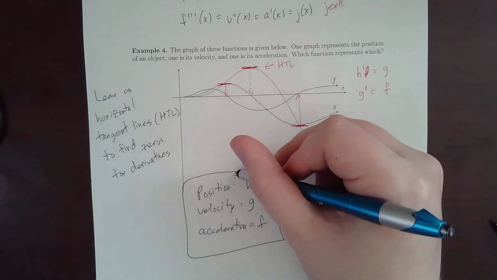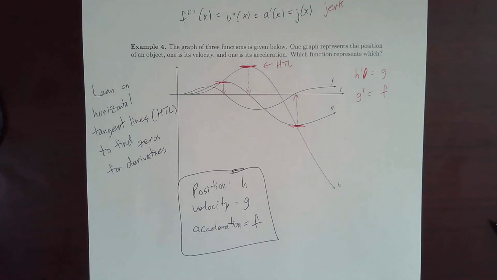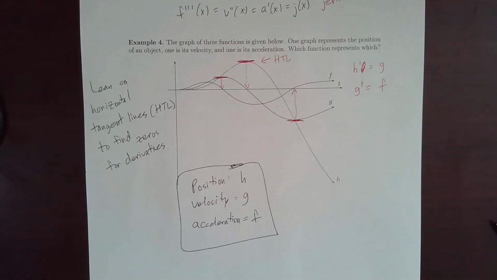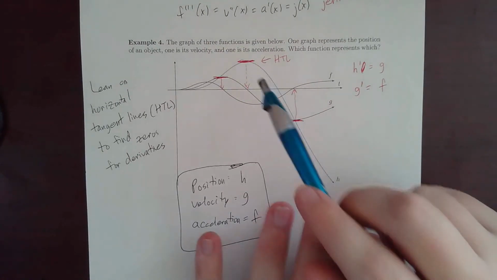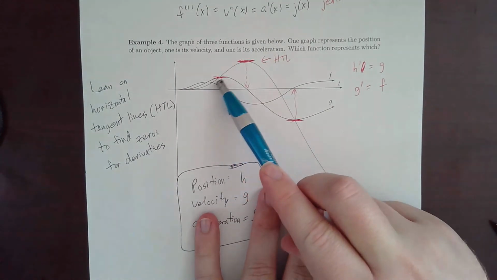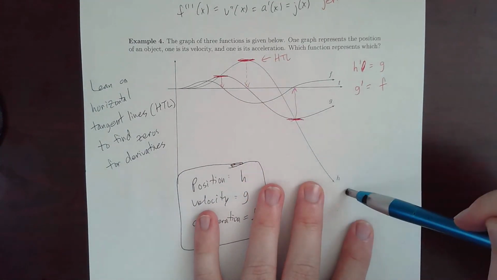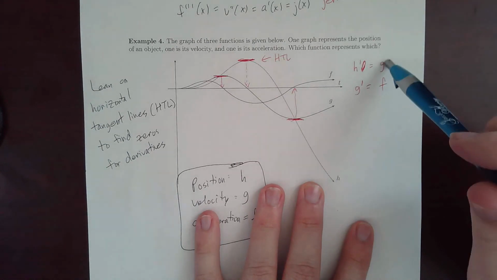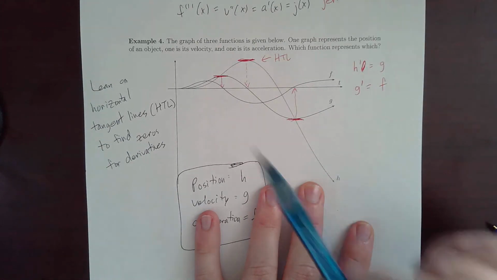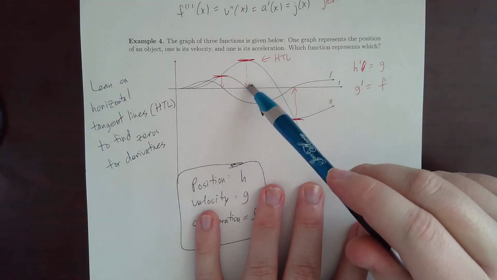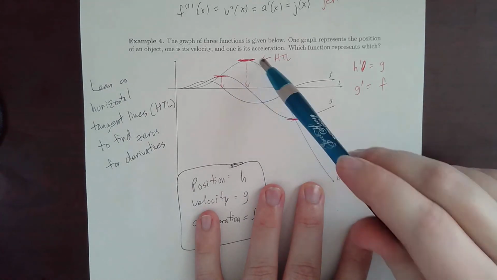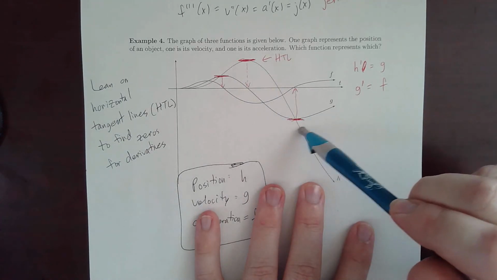And so as we're looking at this, recall that the derivative is going to be your slope of the tangent line. So as we look at h, it goes up and then it does nothing but go down. So then for g, we expect g to be positive, and then when h starts to go down, g should only be negative.